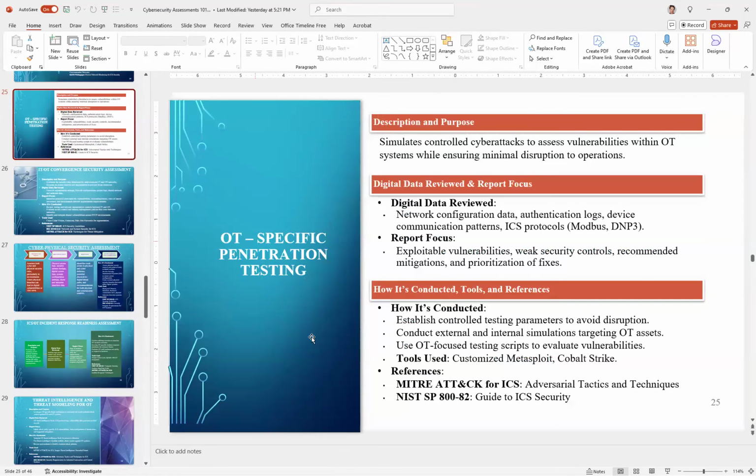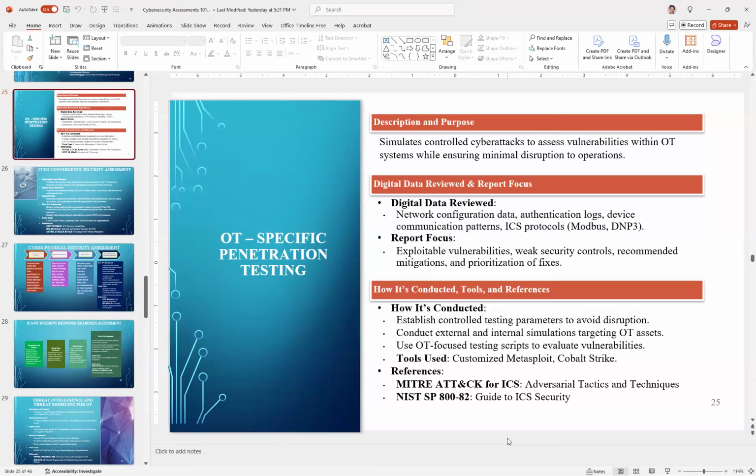The OT-specific penetration testing simulates a controlled cyber attack to see what vulnerabilities exist within OT systems. And this has to be done while not disrupting their operations, so you have to make sure that it's kind of transparent.